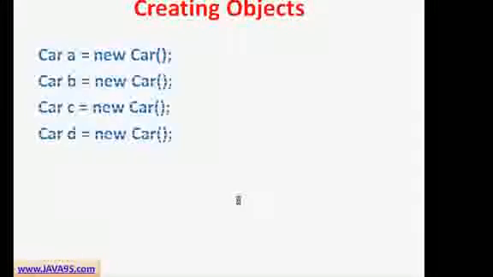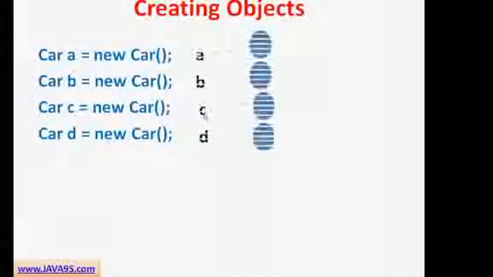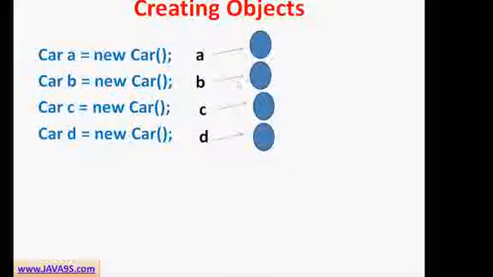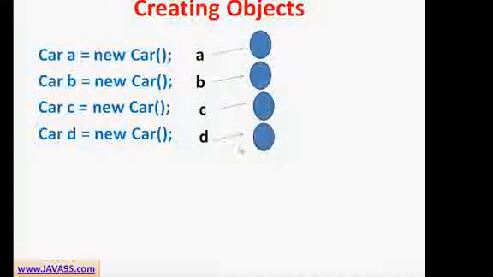So you can see that I have created four statements which create four different objects. As discussed earlier, each and every reference will have an object assigned with its memory address.